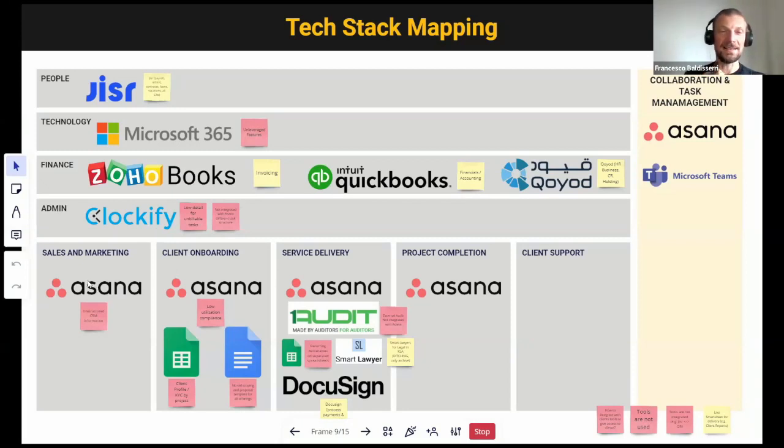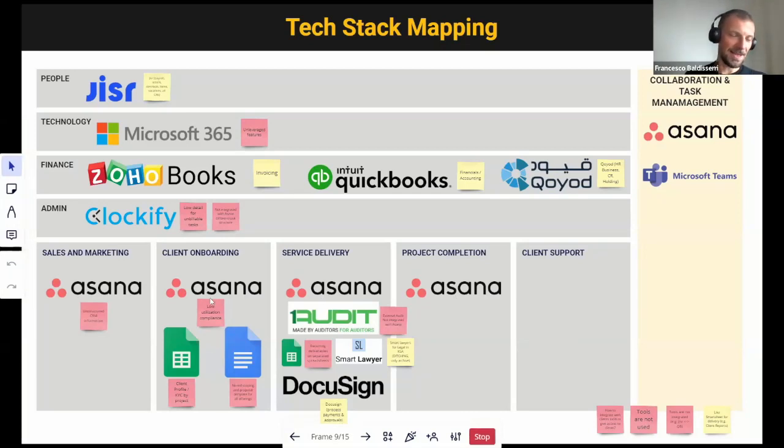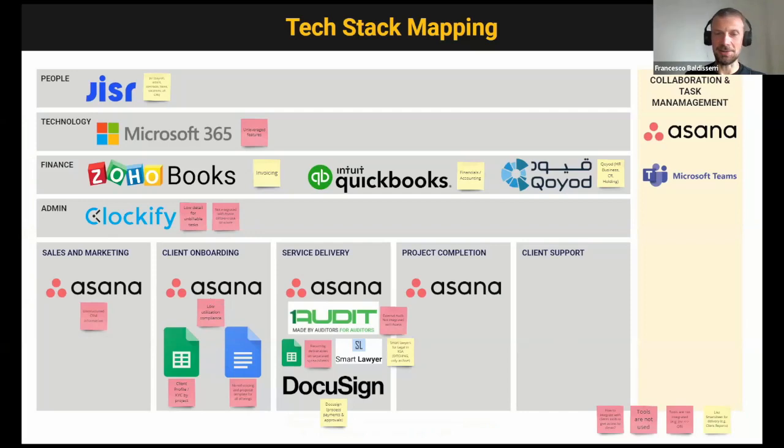Then in the main business related activities, we see that Asana is used basically throughout the process cycle of a client project, from the lead, the marketing, the client onboarding, the project or service delivery, to the project completion.